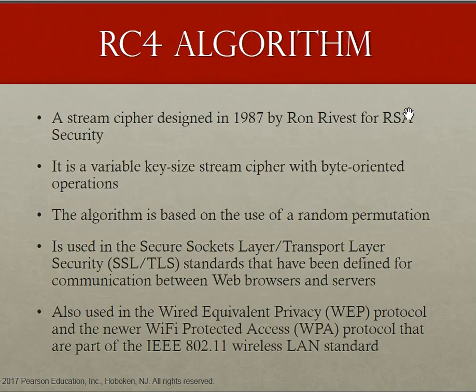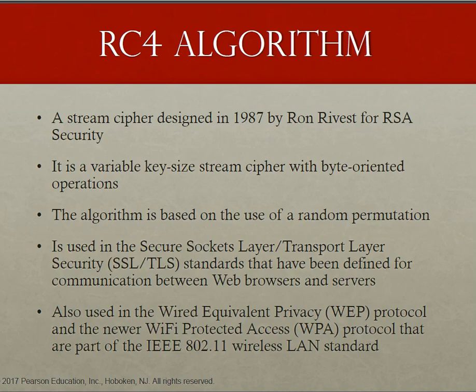So a few slides back, we discussed the RC4, right? The RC4 is a stream cipher designed in 1987 by Ron Rivest for RSA Security. It is a variable key size stream cipher with byte-oriented operations. The algorithm is based on the use of a random permutation.